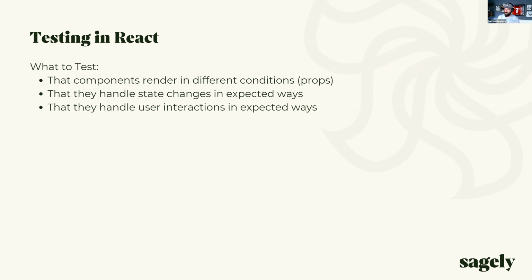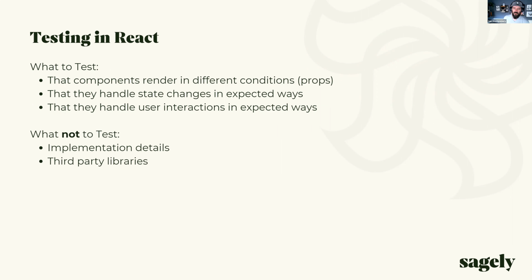I'm using plural components here because I'm not talking specifically about unit testing a component. It might be integration testing, smoke testing or journey testing, multiple components, or the whole application or whatever. Things you should not be worried about testing are implementation details within a component or third-party libraries.